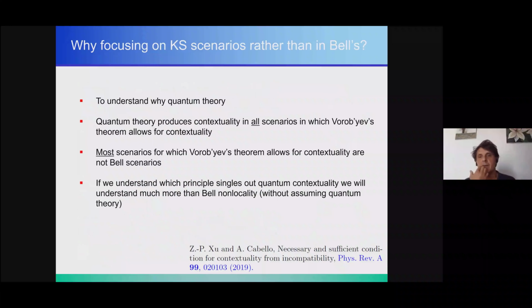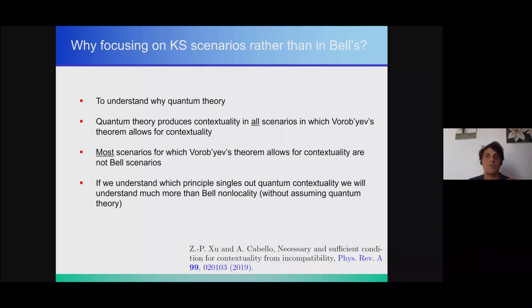But why focus on Kochen-Specker contextuality rather than on Bell non-locality? My personal answer to this is to understand why quantum theory. Because notice that quantum theory produces contextuality in absolutely all the scenarios allowed by Vorobyev's theorem.